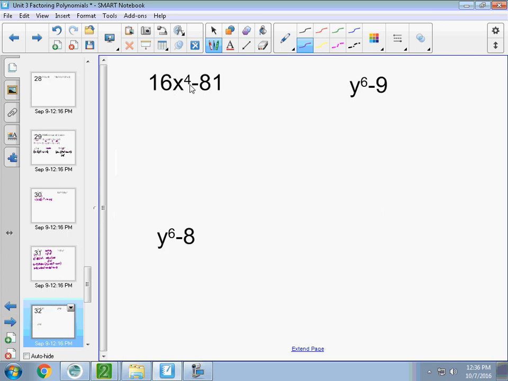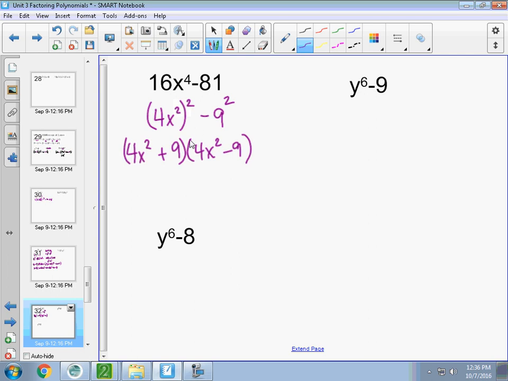I could rewrite this one as a difference of squares. So I would have 4x squared to the second power minus 9 to the second power. So the root of 16x to the fourth is 4x squared, plus the root of 81 is 9, and I'd have 4x squared minus 9.